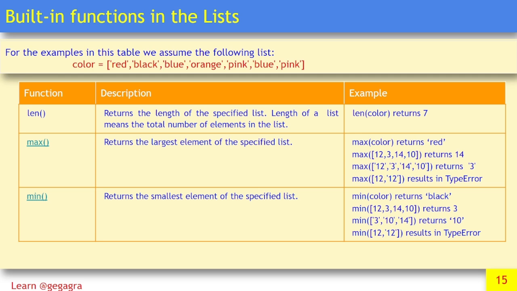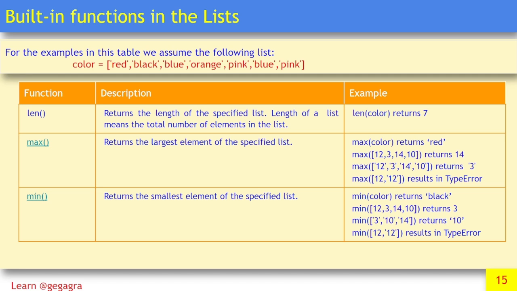Because in Unicode, the value of R is at a higher position. A is 97, B is 98, and so on. In the same sequence, R is far ahead of B, and that is why R is bigger than black, blue, orange, and pink.